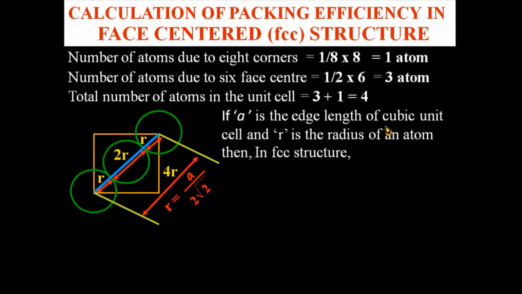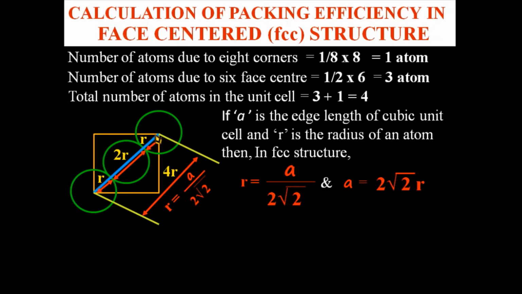If A is the edge length of a cubic unit cell and R is the radius of an atom, then in FCC structure, the relation between R and A is R is equal to A by 2 root 2, or A is equal to 2 root 2 into R. Here 3 spheres are present, 2 are at the corner and 1 is in the center of the face.